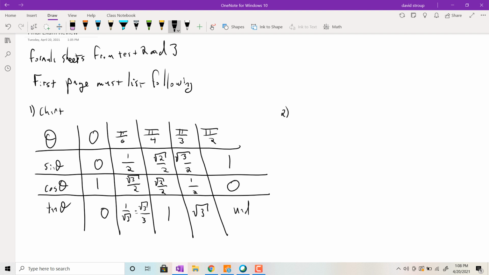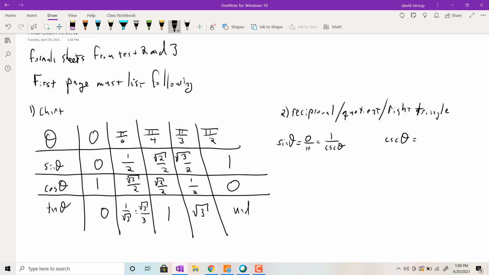Secondly, and I'll have this all listed, what you need to write down: you need the reciprocal, quotient, and the right triangle definitions for the 6 trig functions. So sine theta is equal to opposite over hypotenuse, which is also equal to 1 over cosecant theta.